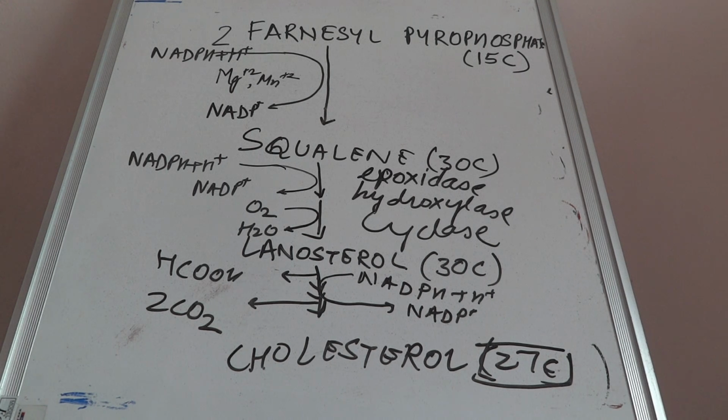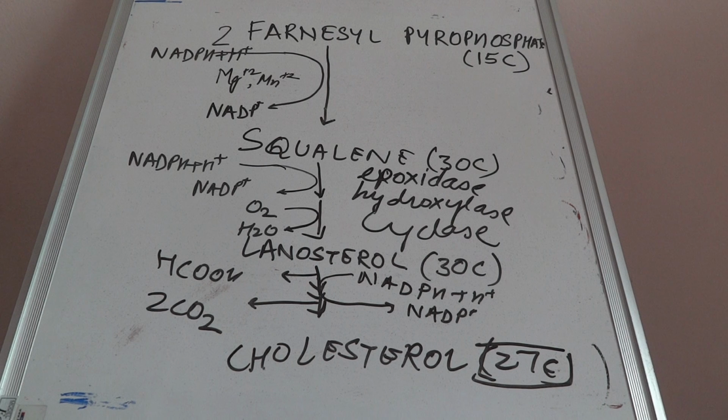Now if I say the last 3 series of reactions are the ones which use energy in cholesterol formation, that is from farnesyl to squalene, squalene to lanosterol, and lanosterol to cholesterol. So these 3 are using NADPH plus H plus, and the one initially which was the rate limiting enzyme was using NADPH plus H plus, and all the kinases were using ATP.